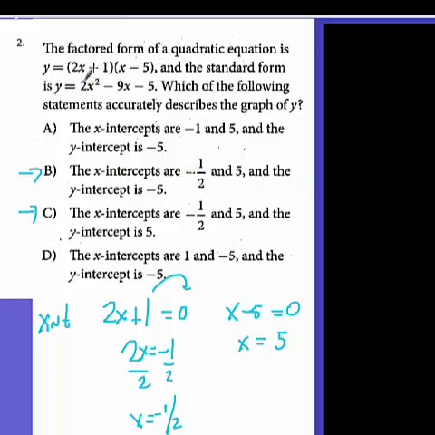So I can say, well, that's 0, that's 0, and the y-intercept is negative 5. Oh man, that kind of looks like y equals mx plus b, where that's your y-intercept, or just the constant, the one without a variable. So then this answer choice is B.